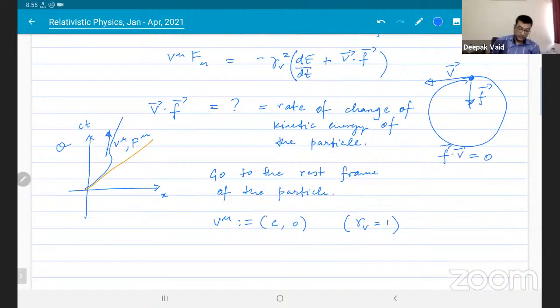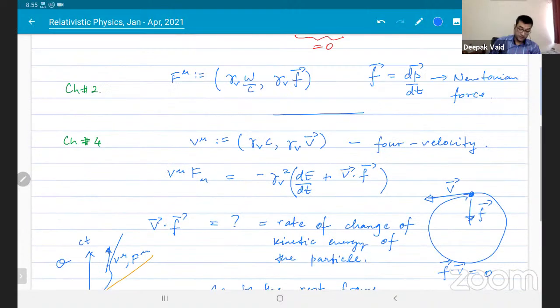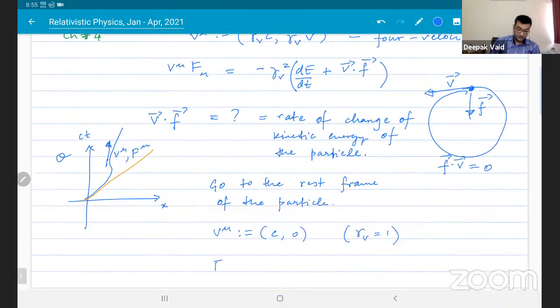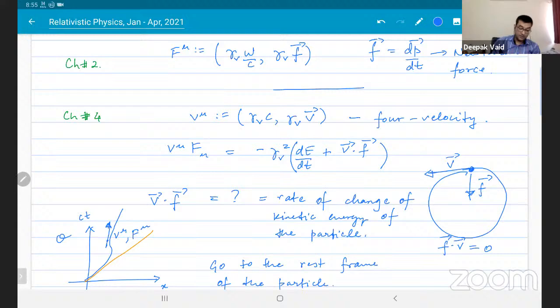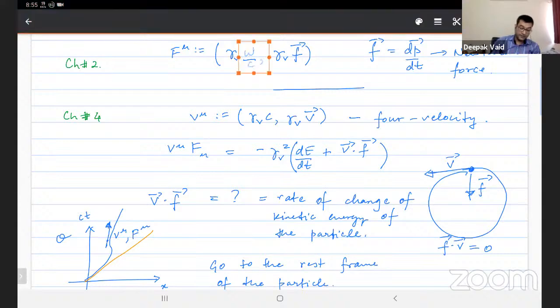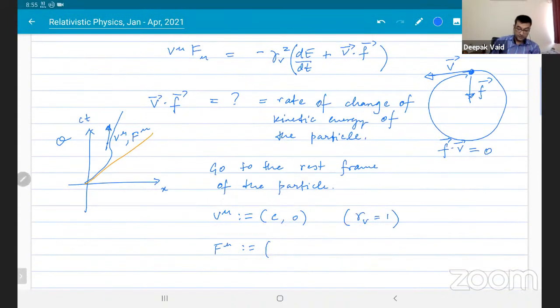So, and what about the force? The force, similarly, the force 4-vector becomes, gamma becomes 1, and you get this expression. So you get 1 by c, dE by d tau, right? Times whatever the force is on the particle in its own rest frame.